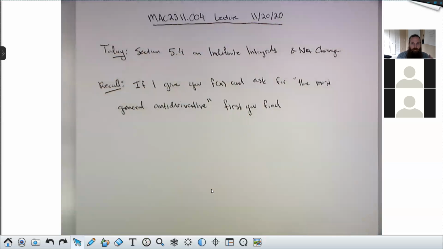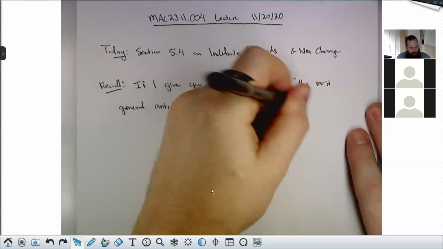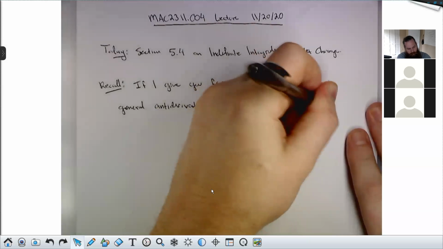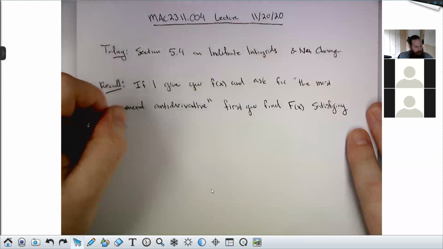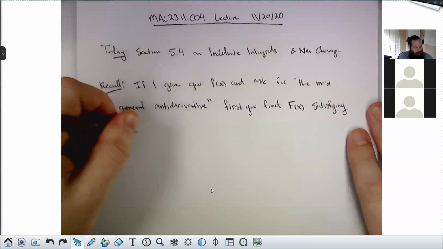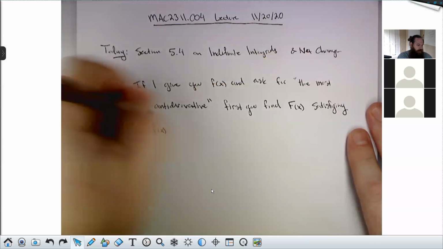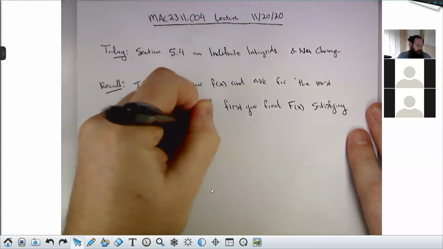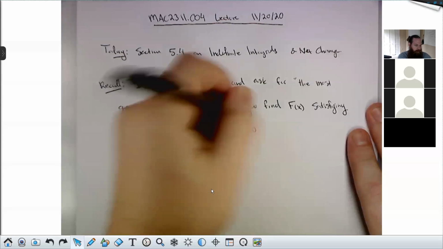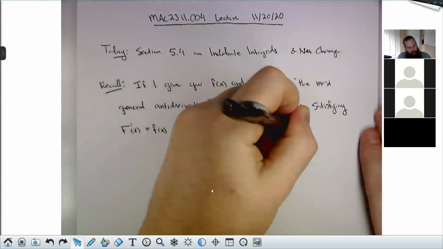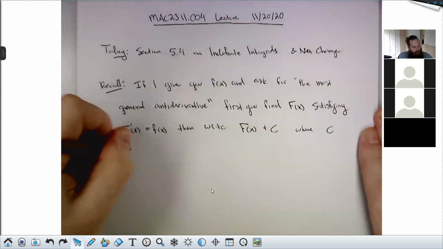You find a function that is an antiderivative satisfying capital F primed of x equals little f of x. Then write down the answer, which is capital F of x plus c, where c is an arbitrary constant.